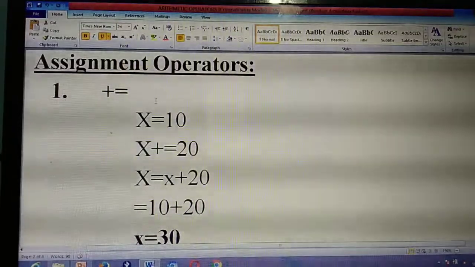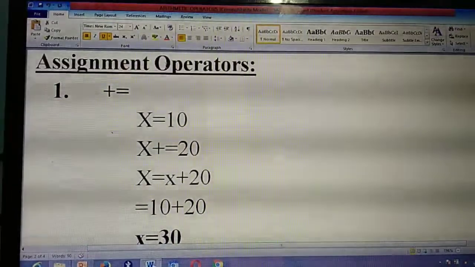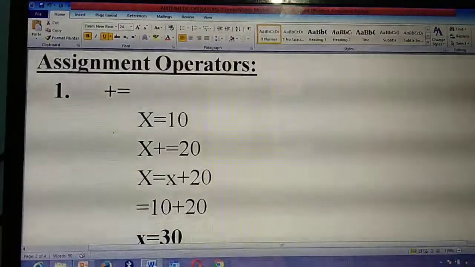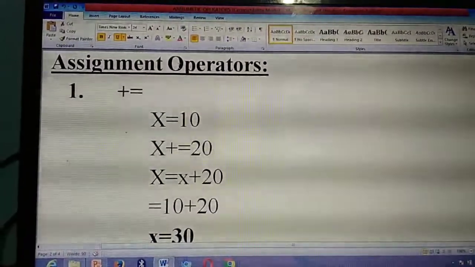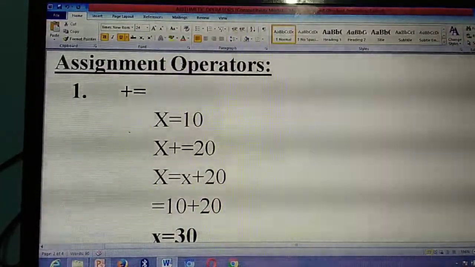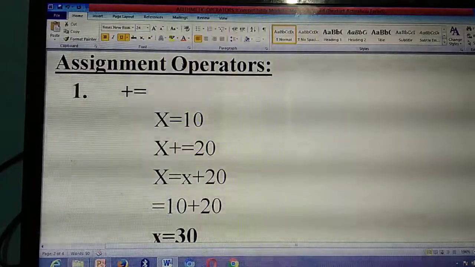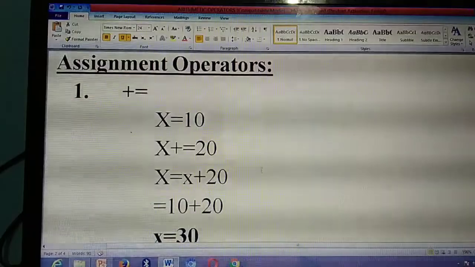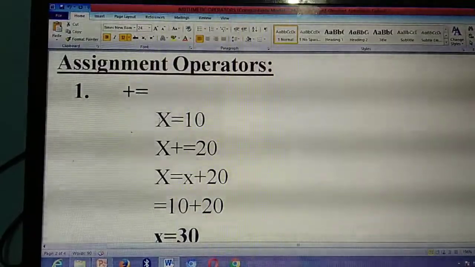Yes. So what's the first operator? Plus equal to. What's the meaning of plus equal to? Plus equal to means it adds and assigns the result back to the left operand. That means it will add one time and store the result back in that variable.